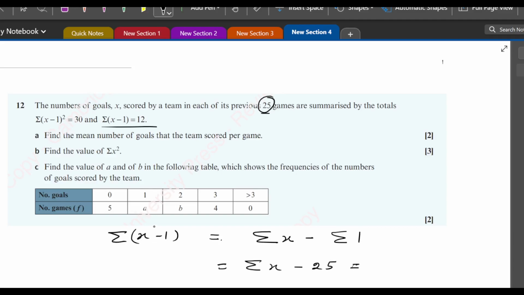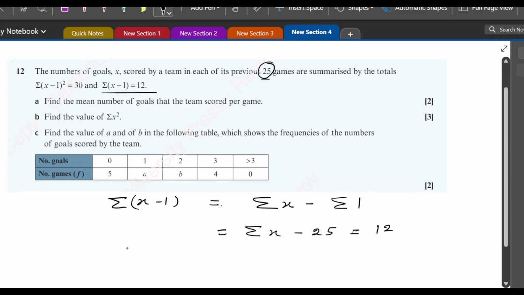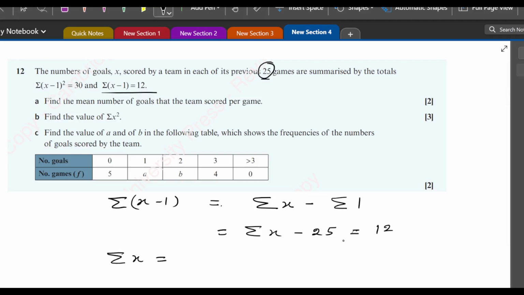Okay. And this value is given as 12. So from this, if we work out the summation of x, it will be 12 plus 25, which is 37.